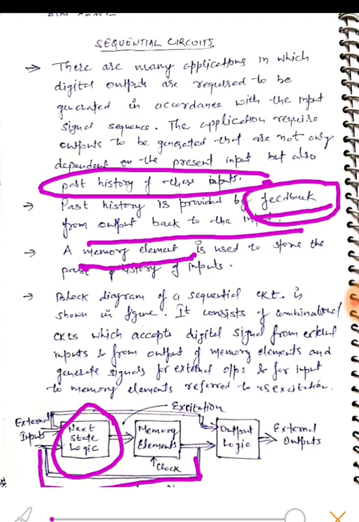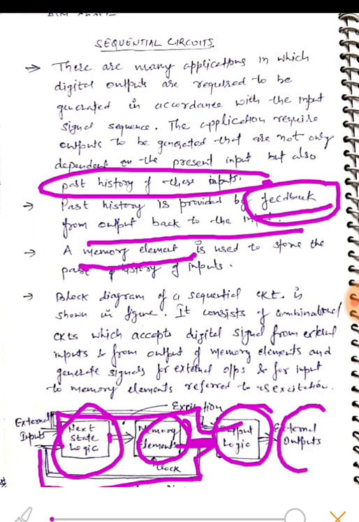So the next state logic is fed by external inputs and the past inputs stored in the memory element, and the output logic depends on the external inputs and the input from the memory element as well. So it will be the external output.